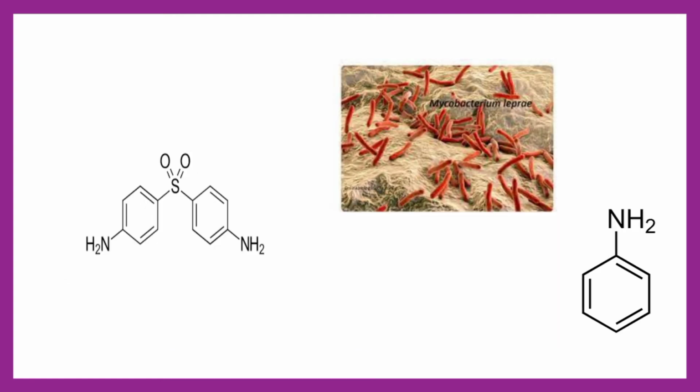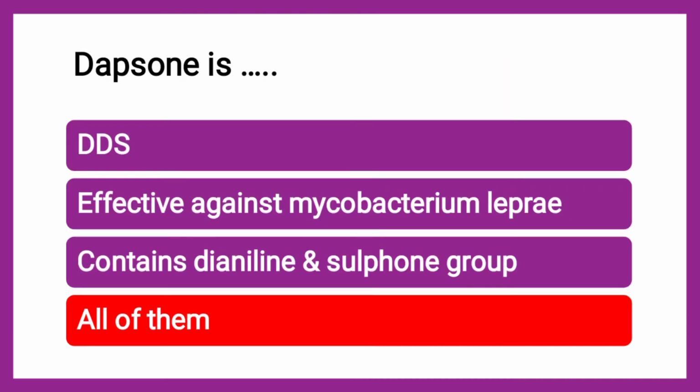So the explanation is, this is dapsone, here the sulfone group is there, this is aniline, benzene ring and NH2, and this is aniline. And they are effective against Mycobacterium leprae bacteria, since they are used in the treatment of leprosy. So it is effective against Mycobacterium leprae also.